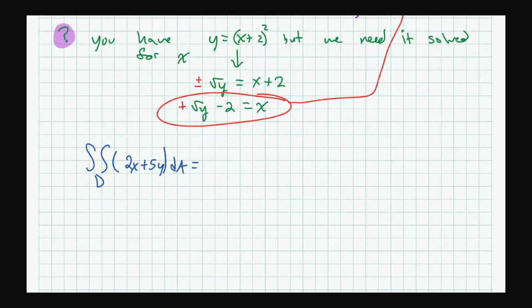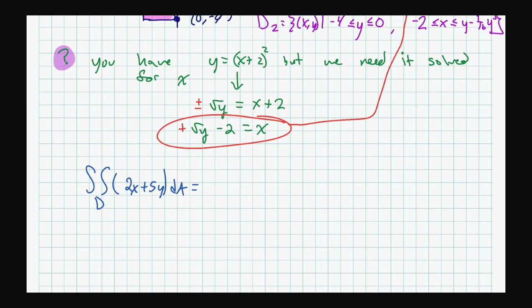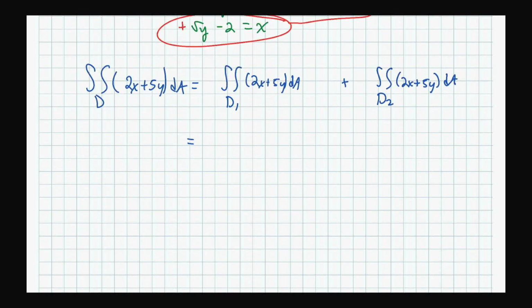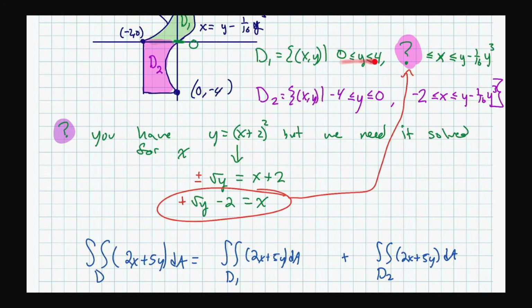And we're doing these as a type 2 integral, I guess. So you do one integral over the D1, 2x plus 5y dA, and you're going to have to do a separate integral over the D2 of the 2x plus 5y dA. So first integral, the outside integral for D1 is going to be y between 0 and 4.